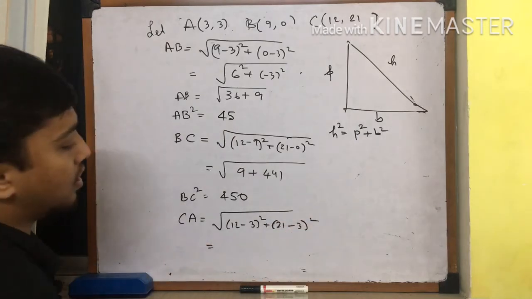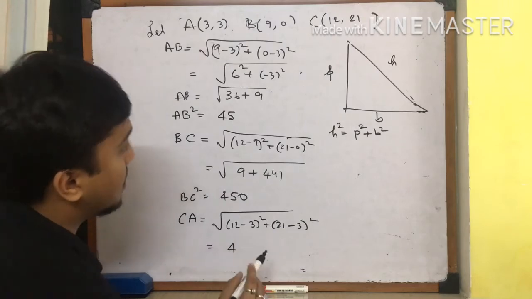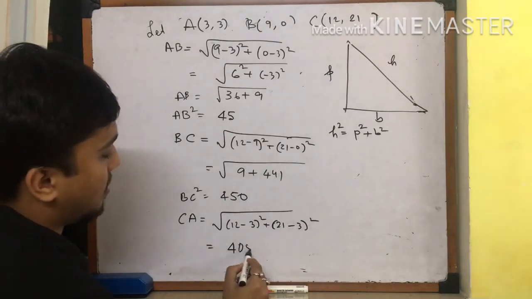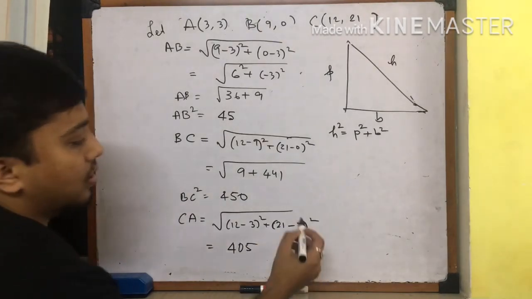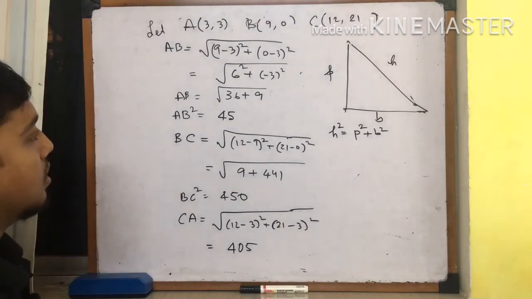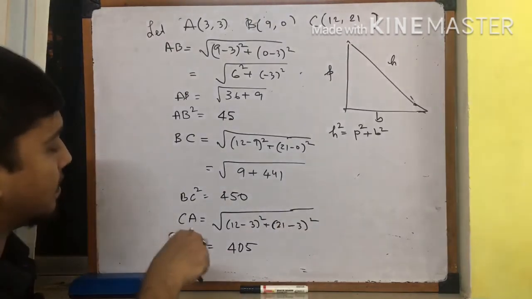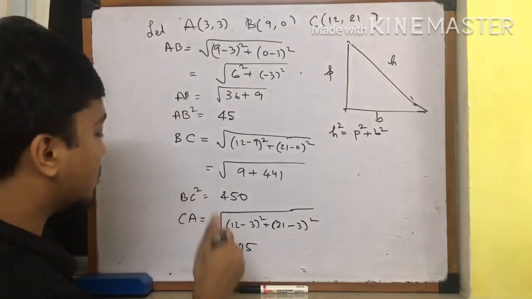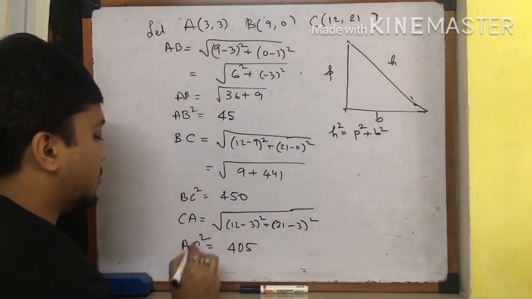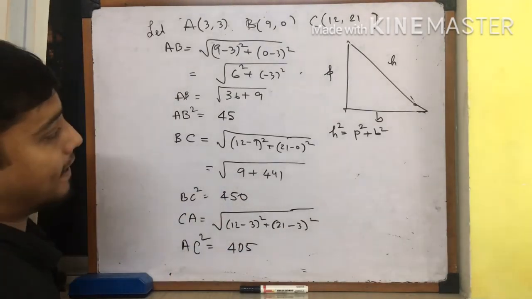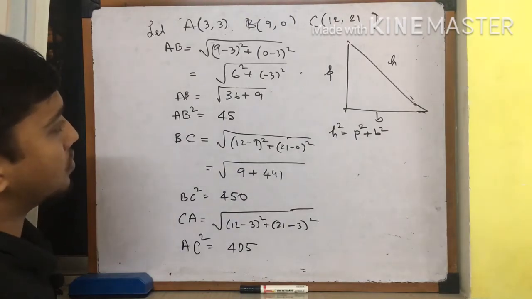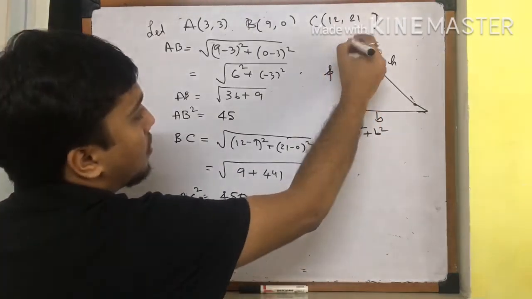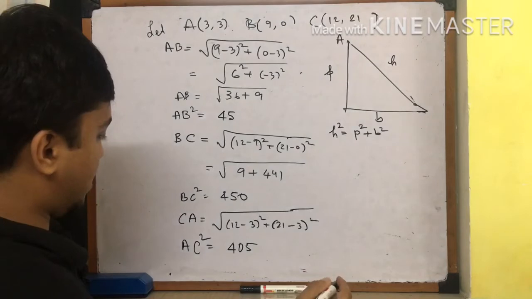So the value is 405. You can solve it out. Then 405, therefore AC square, that is. And now we can put the value.